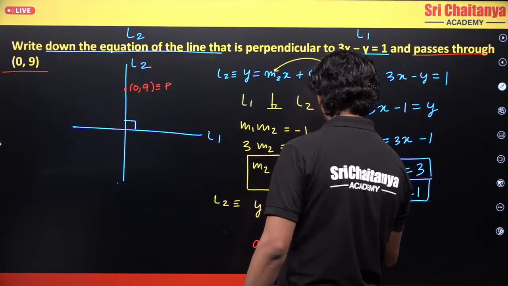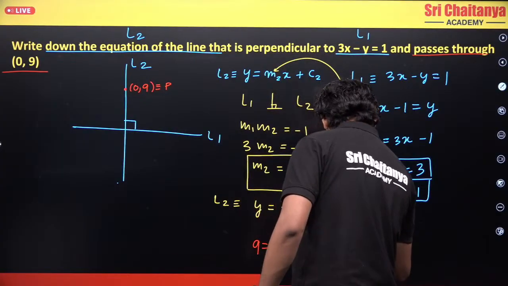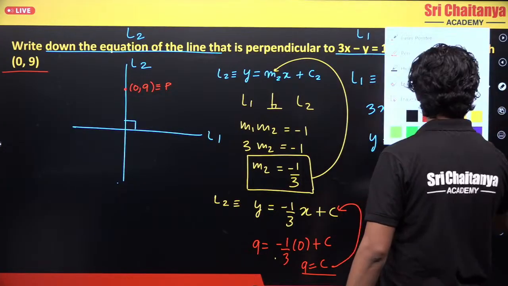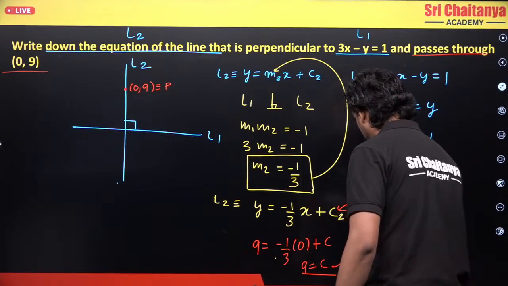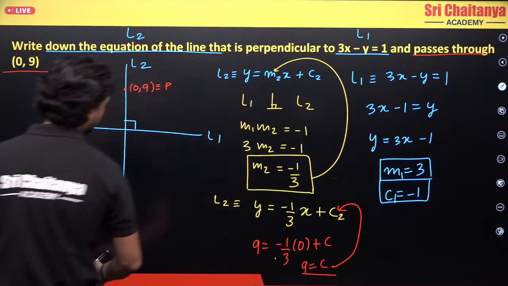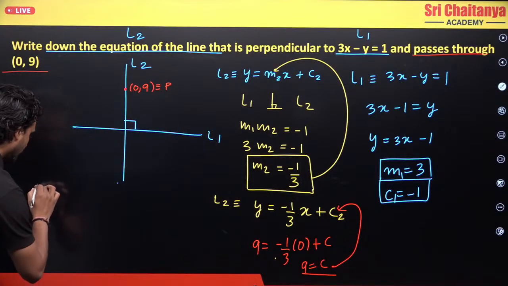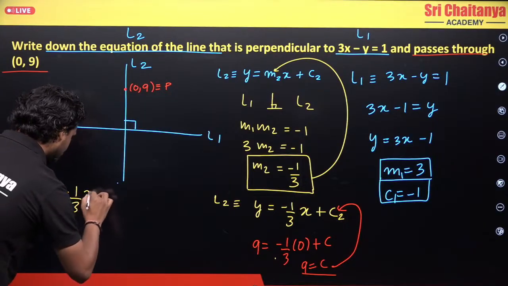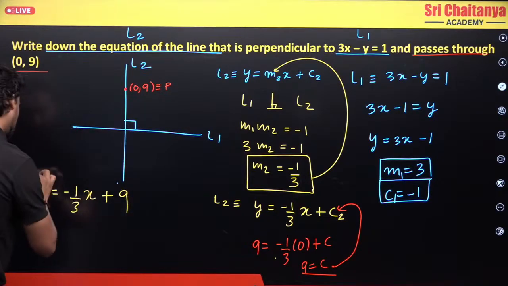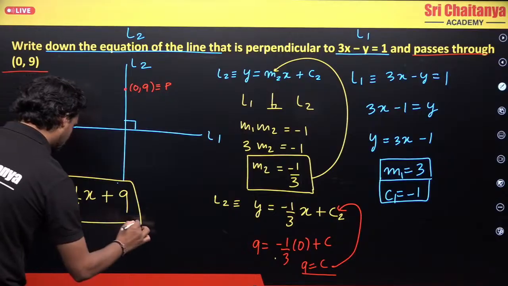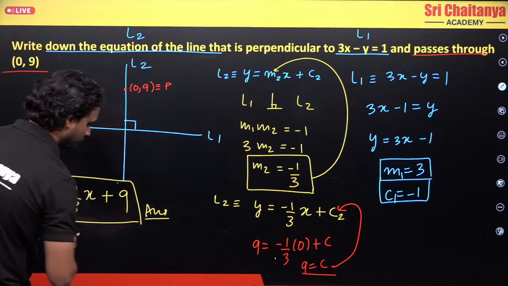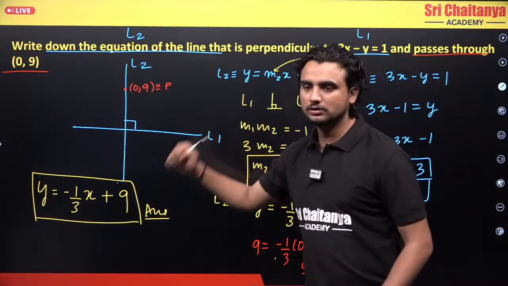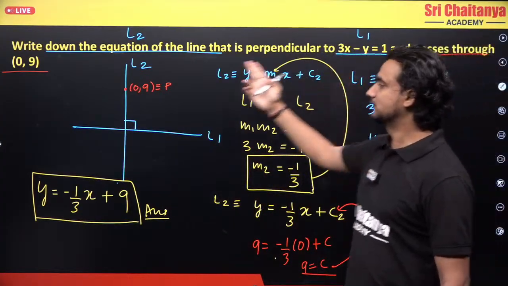So the equation I will get is y is equal to -1 by 3 x plus c, and c is equal to 9. So this is my final answer. This is the equation of the straight line that is perpendicular to L1 and passes through 0, 9.